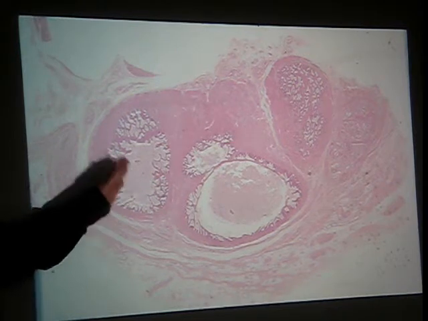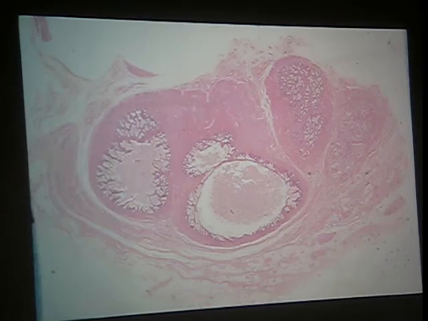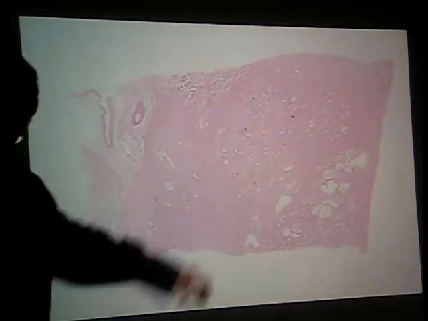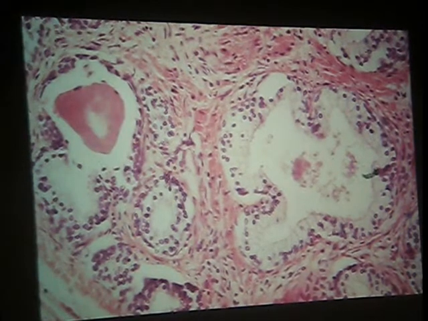Because I promise you, you will see seminal vesicle and prostate on the slides, all right? The thing that's nice about the prostate, once you get yourself headed that way, is that you have these corpora amylacea. You want to make sure that you can see the ring structure to it, all right?